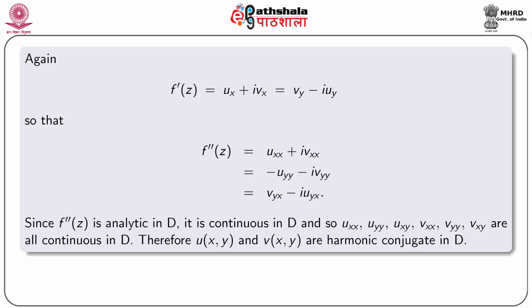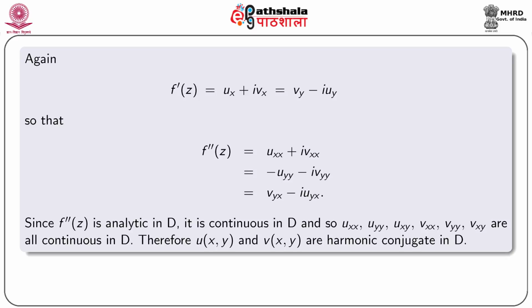So, differentiating again we get f″(z) = ∂²u/∂x² + i ∂²v/∂x², equal to −∂²u/∂y² − i ∂²v/∂y², equal to ∂²v/∂y∂x − i ∂²u/∂y∂x.